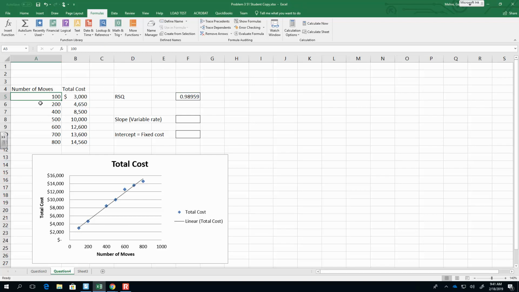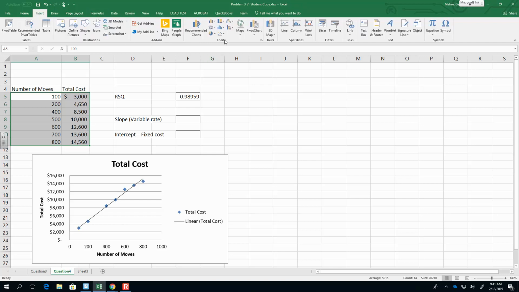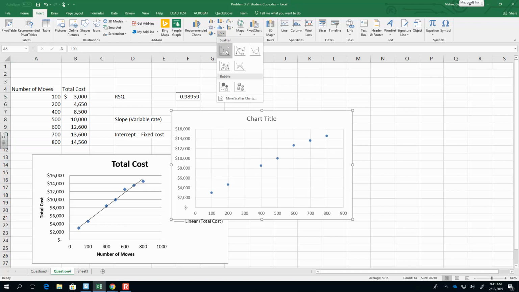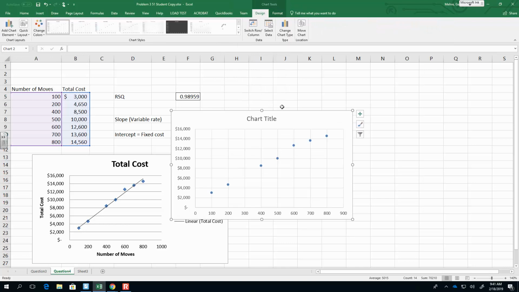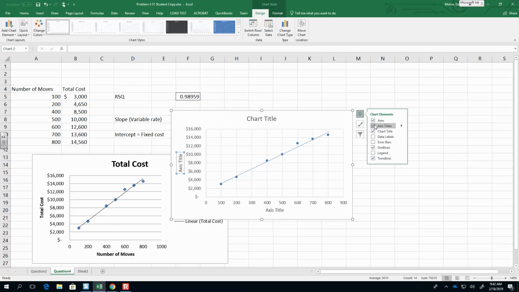In addition, what I'd like from you for the 3 points is to insert a chart, a scatter graph chart, plotting the points. Once you have the points, add a trend line to that chart. You can also add axis labels, axis titles, and on the trend line, if you click on the right arrow here, you can also do more options.